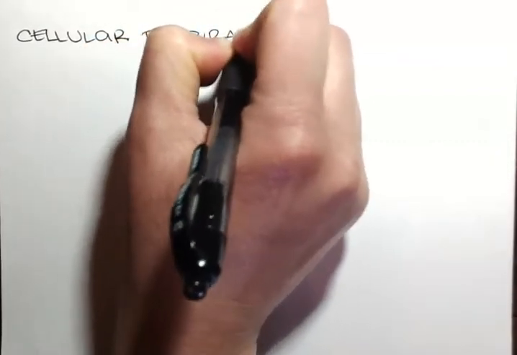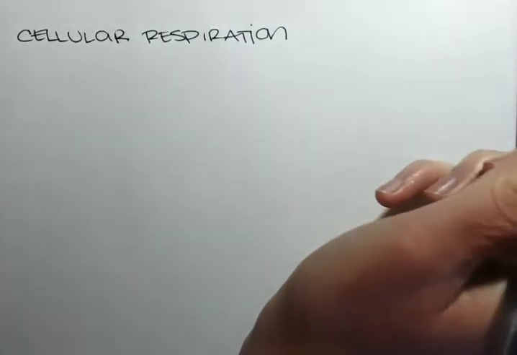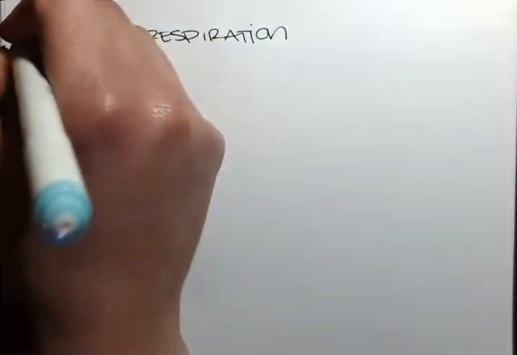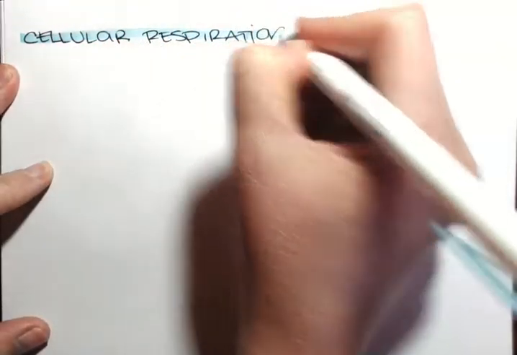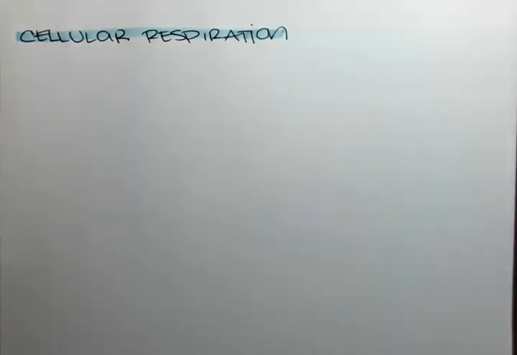So how do we get that ATP? Well, one of the ways that you get the ATP is through cellular respiration. Basically, cellular respiration is how you make ATP from your food. And all organisms have some form of cellular respiration.